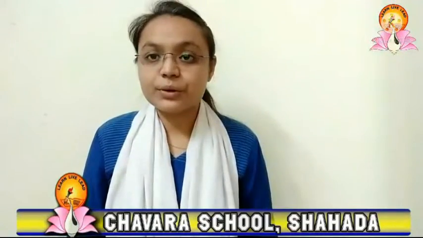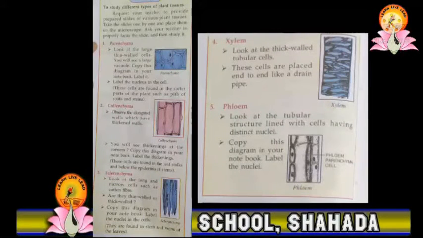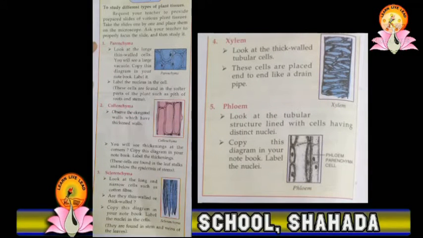Here is activity number 2 for you to perform. In this activity, you have to use the prepared slides of various plant tissues. You have to place the slides under a microscope and observe them.